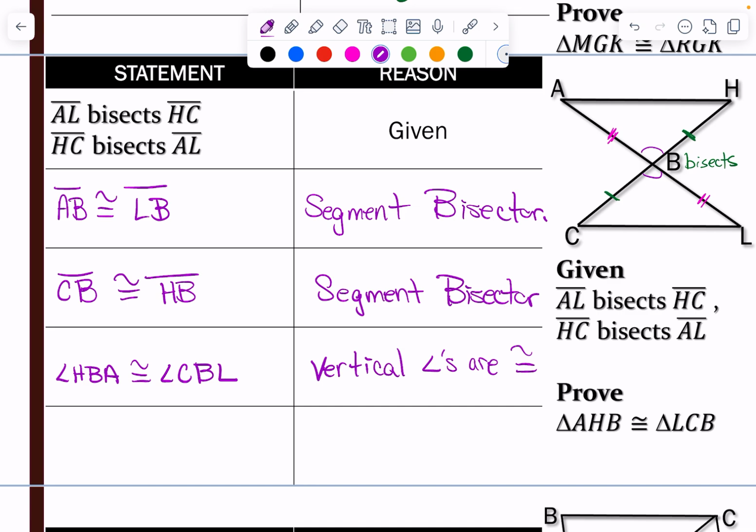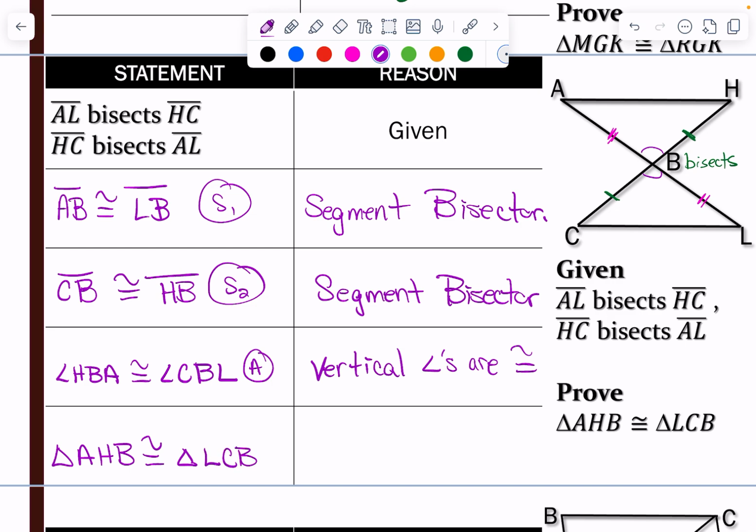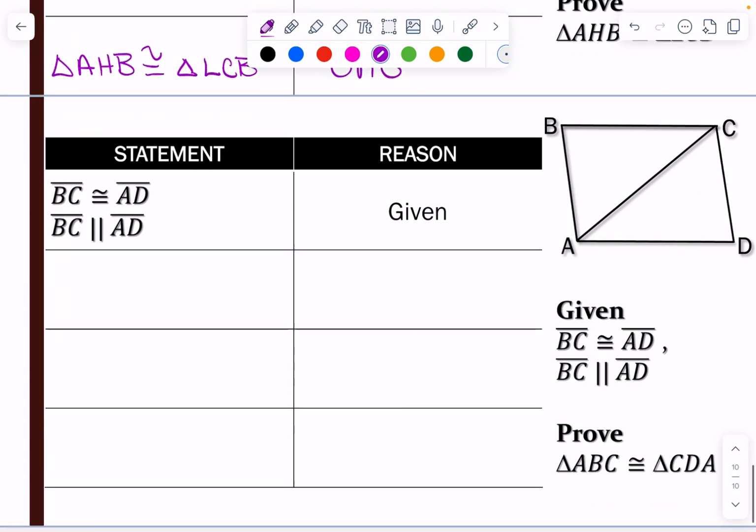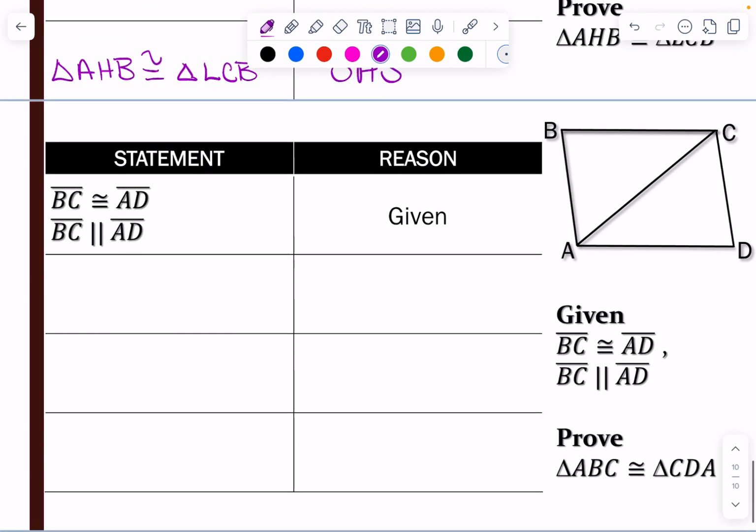Now I have two sides. Here's side one, here's side two, and the included angle. So now I know that triangle AHB is congruent to triangle LCB, and that is by the side angle side relationship. All right, let's try one more here.